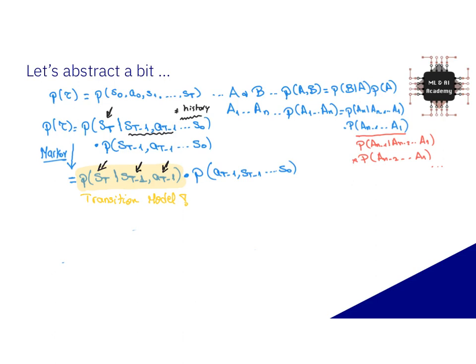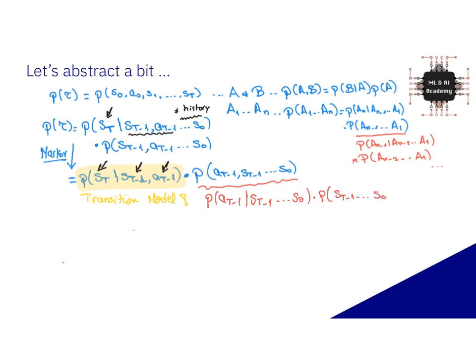And now what we're going to do is apply this idea of the chain rule again, but for this entity here. So we're going to say that P of the joint of a_{t-1}, s_{t-1} up to s_0 can be again factorized into P of a_{t-1} conditioned on s_{t-1} up to s_0, so everything else, times the joint of everything else.